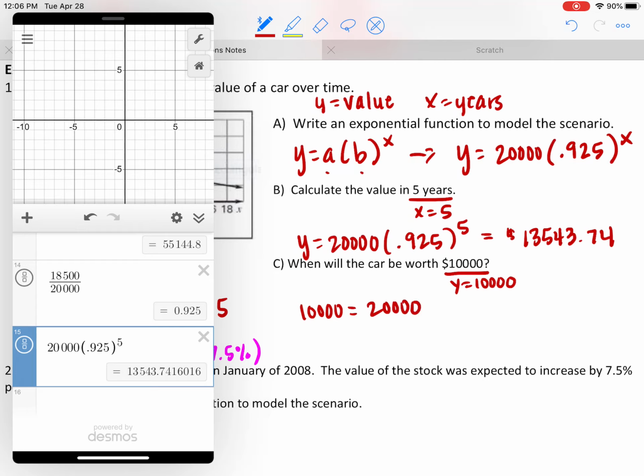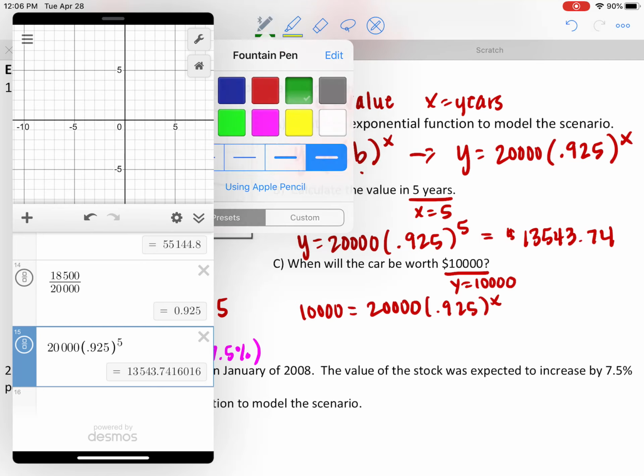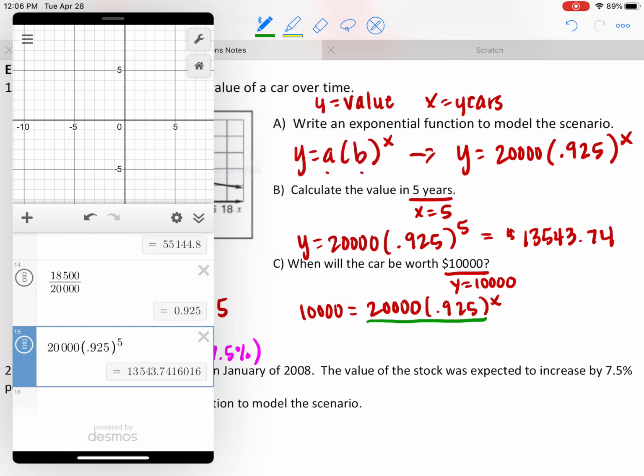Now, part C says, when is the car going to be worth $10,000? So this time they're telling us y is 10,000, and we have to figure that out here. So if we plug in the 10,000 for y, 10,000 equals 20,000 times 0.925 to the x power. We have an exponential equation here that we have to solve.